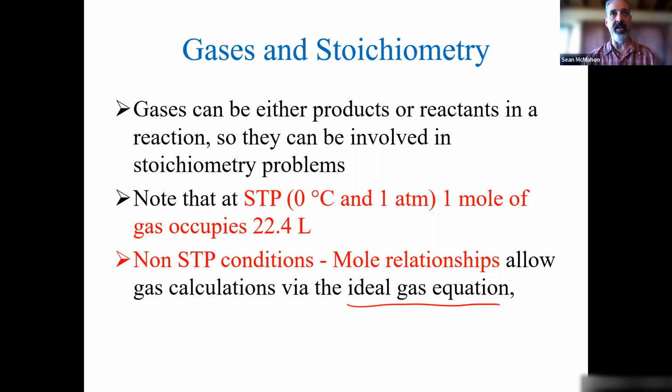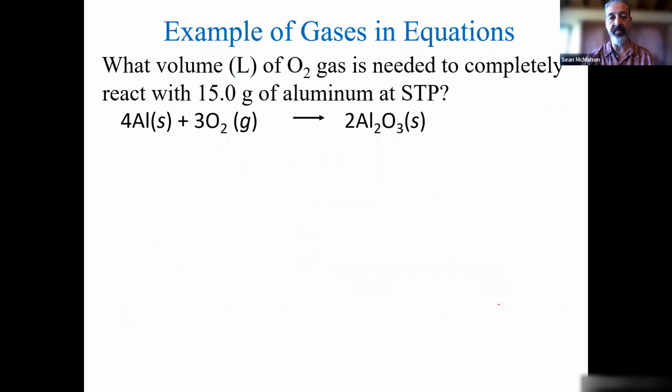For the most part, I don't try to do too much of that. I do focus on STP conditions for this course. It's a little more straightforward, a little bit easier, but I am still going to cover non-STP conditions and show you how you can apply everything you've learned in stoichiometry up to this point and the ideal gas law for those particular problems. So let's review.